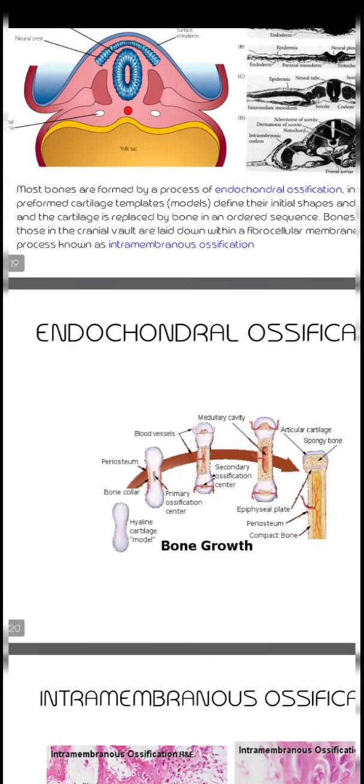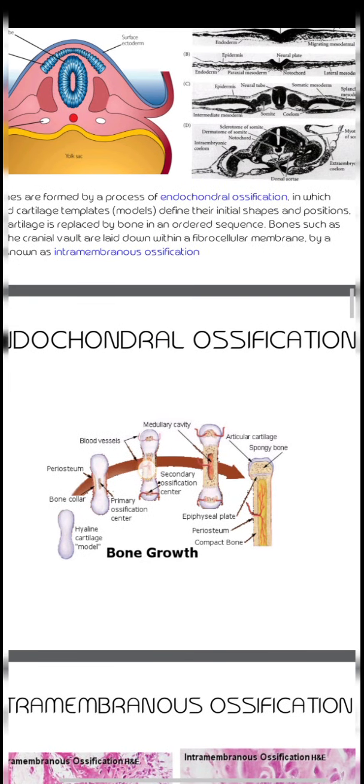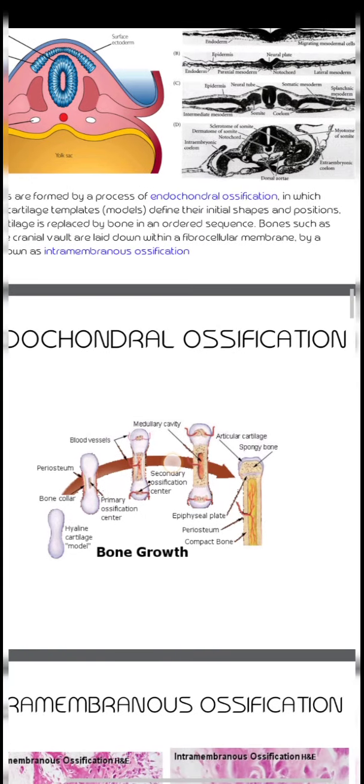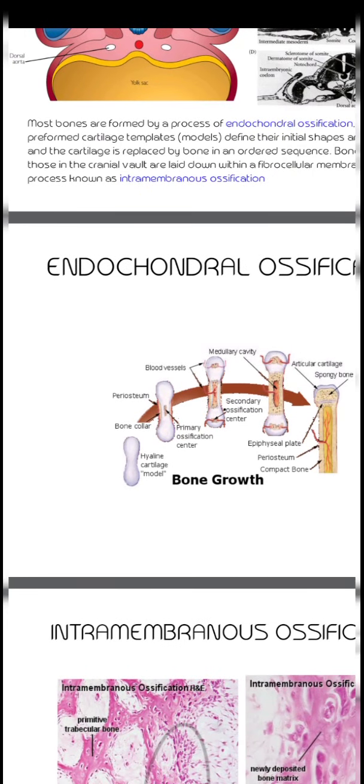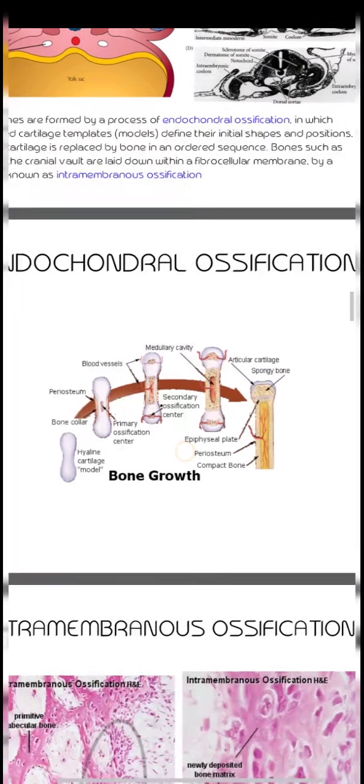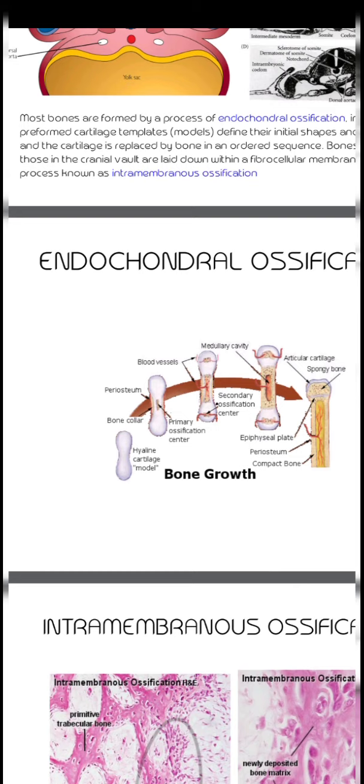Okay, so cartilaginous templates or models define the initial shape and position of the bone: where it is going to be and what shape it is going to have. Then the cartilage is replaced by bone in an ordered sequence.